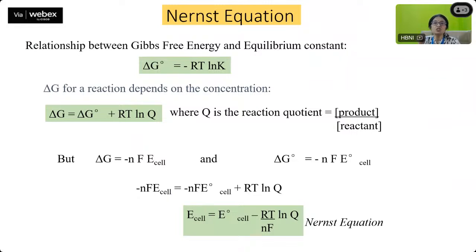So you have the concentration of the product by the concentration of the reactant. And if you equate this delta G with your cell potential or your standard cell potential, then you will get this particular equation, which is the Nernst equation, where E cell is E0 cell minus RT by nF ln Q, where R, T, n and F have already been discussed in the previous series.